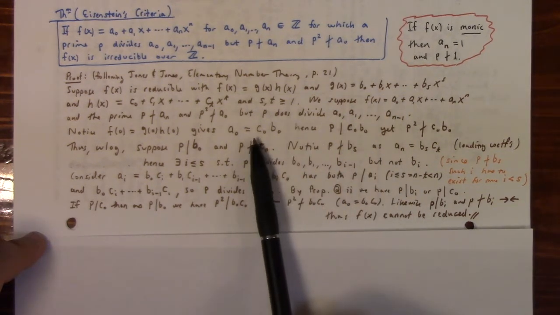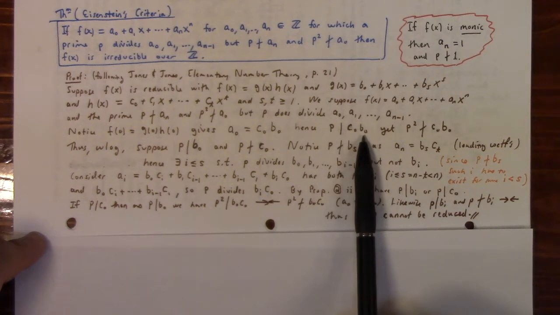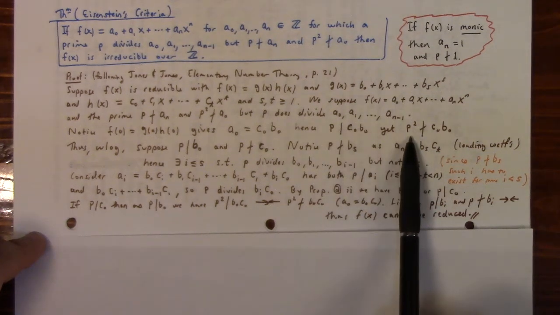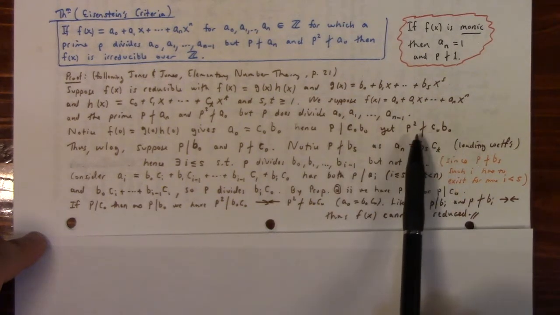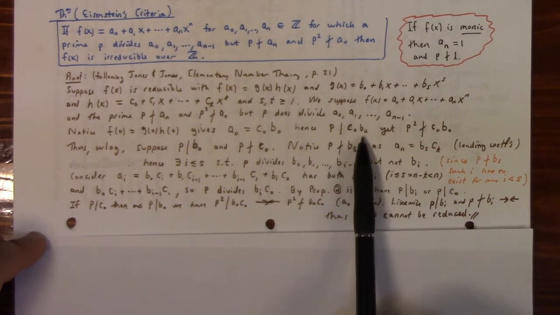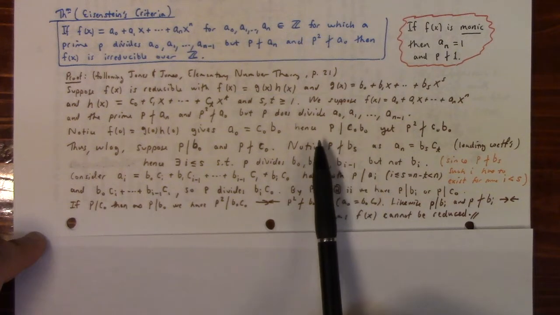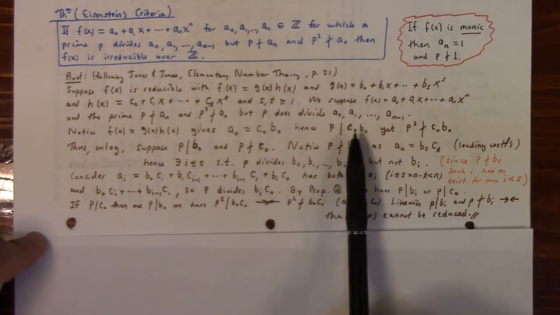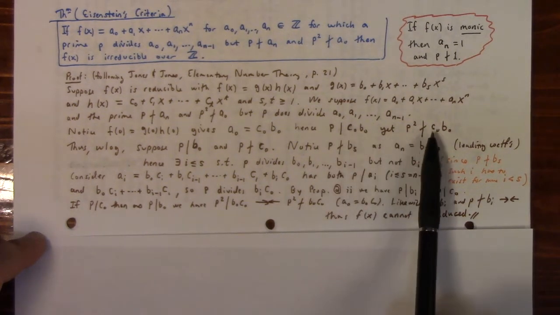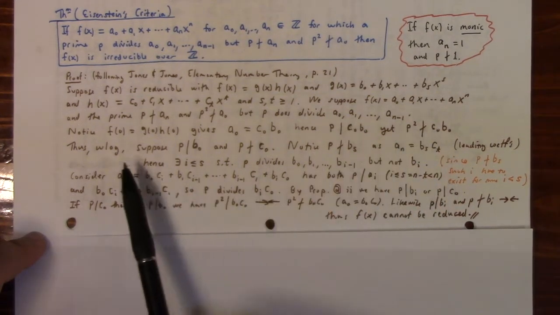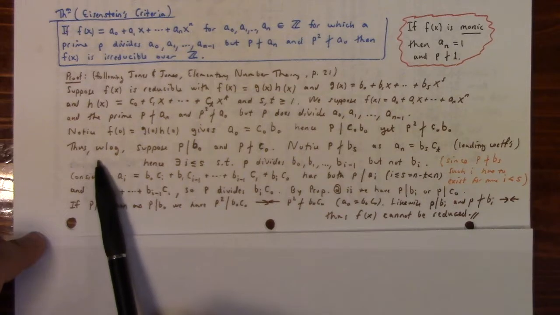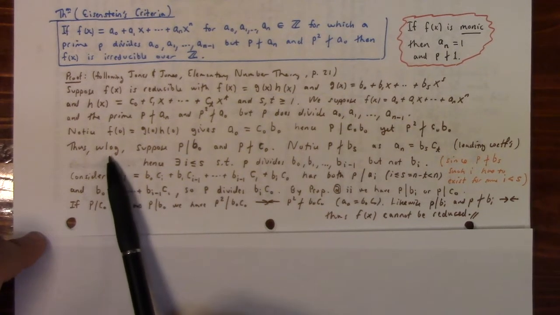But we have p divides a0, so that means p divides c0 times b0. And we're also assuming p squared does not divide a0. So what this means is p has to divide either c0 or b0. It can't divide both. If p divides both of these, then p squared divides their product, and that's assumed to not be true. So this means, without loss of generality, see the way that b and c appear in this proof?